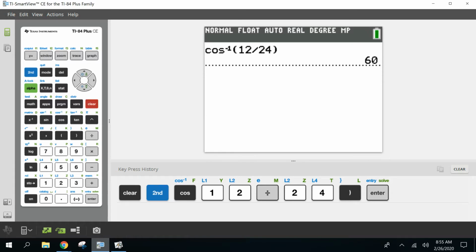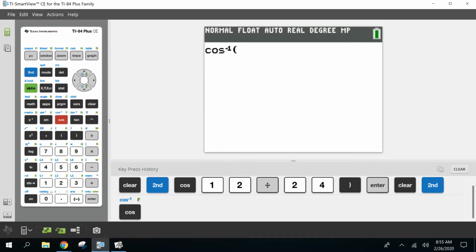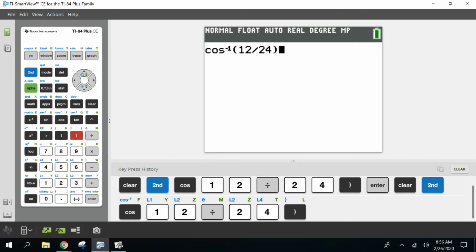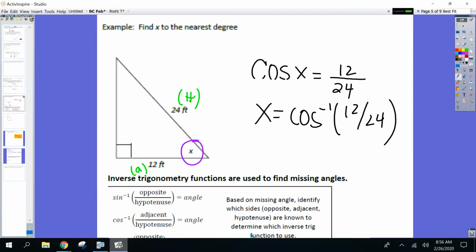We're going to do second cosine and then plug in the ratio. What angle has a cosine ratio of 12 over 24? Calculator's like, I got your back. 60 degrees has a cosine ratio of 12 over 24. So angle x is 60 degrees.